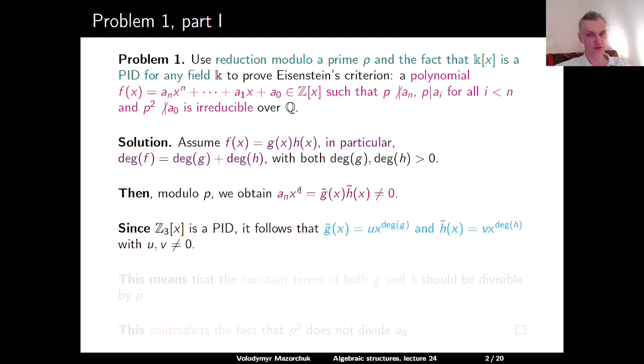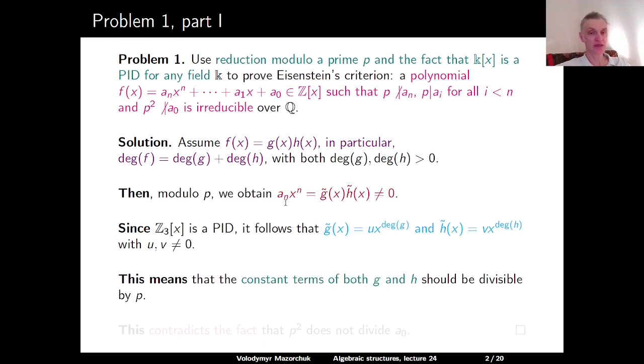From this it follows that g tilde must have the form some scalar u times x to the power the degree of g, and h tilde must have the form some scalar v times x to the power the degree of h. And the scalars u and v are non-zero, so their product is equal to a_n modulo p, of course.